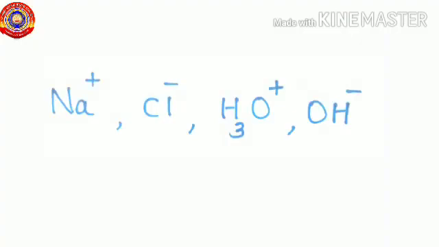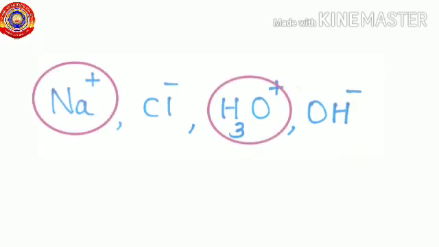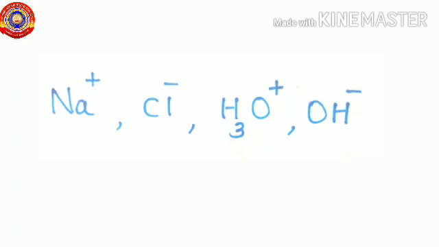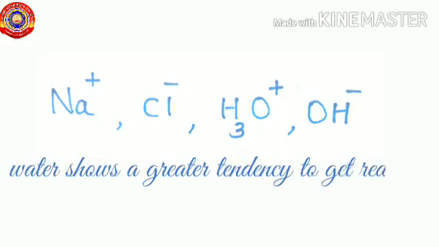Among these, which are the ions attracted to the negative electrode? You know the negative electrode is the cathode. That is, cations migrate towards the cathode, right? So Na+ and H3O+ ions are attracted to the cathode. But the water present in this solution shows a greater tendency to get reduced than sodium ion and hydronium ion.